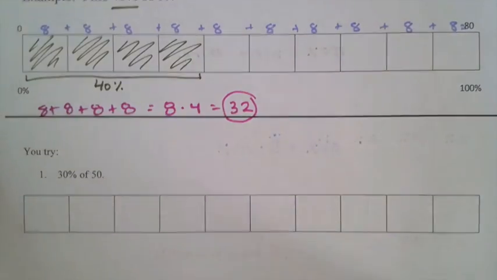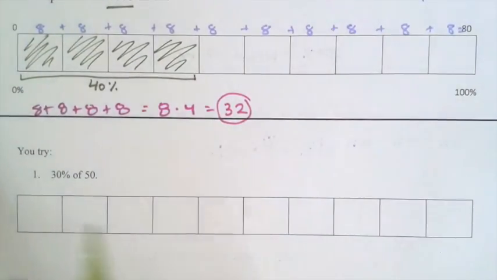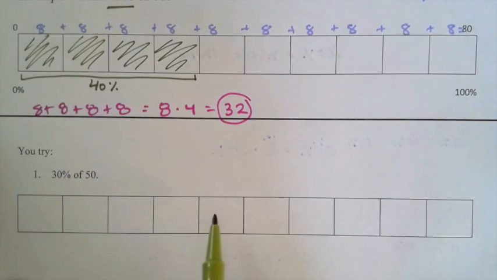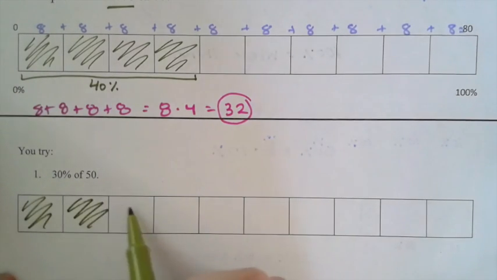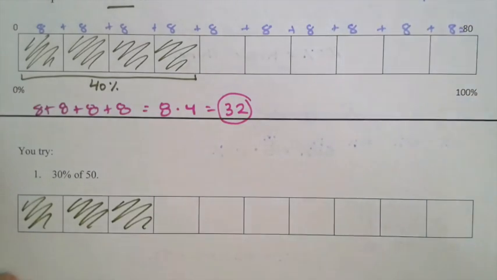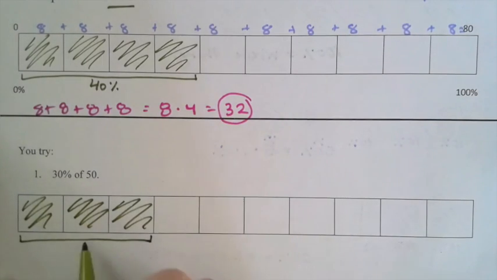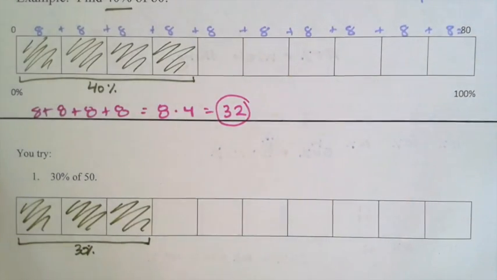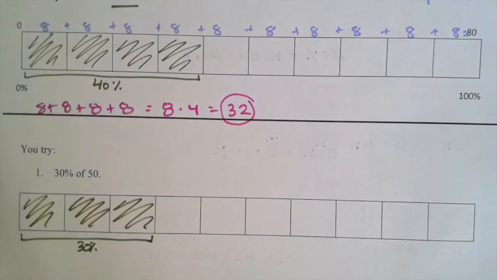Try. If I know that every single box equals how much again? Percentage? 10%. How many am I going to shade in? 3. So I'm going to do my percentage first. If I know this whole thing equals 50, what does each box represent? 10. Nope. What do I need to do? I have to divide.